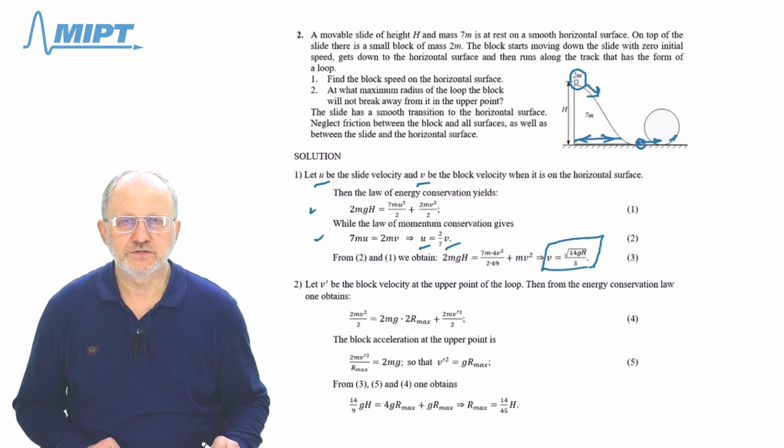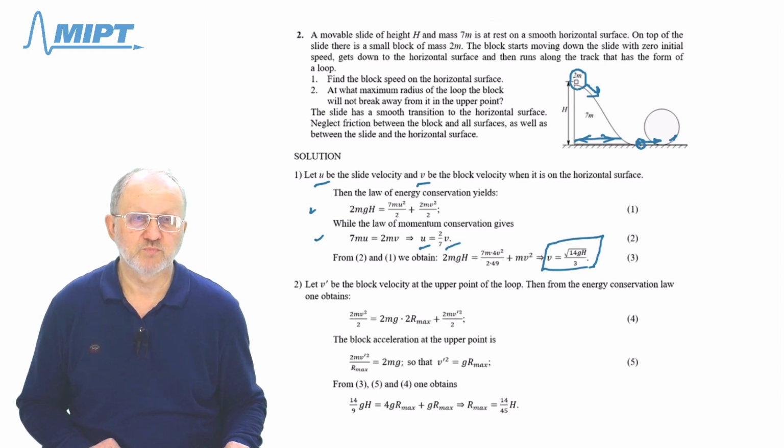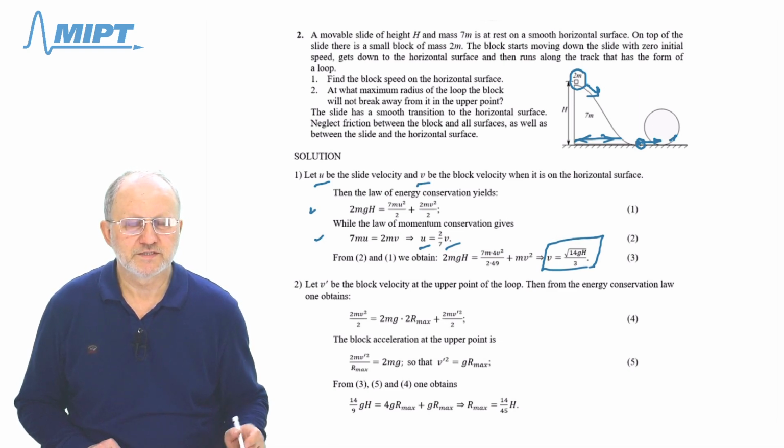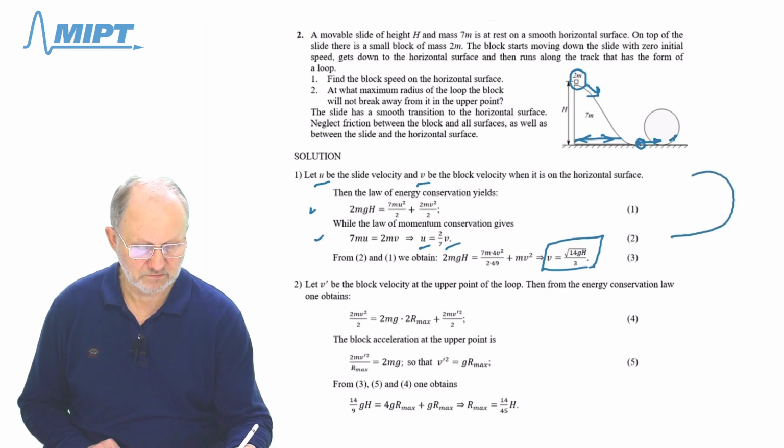Now the second question to this problem reads: at what maximum radius of the loop will the block not break away from it at the upper point? So when the block enters the loop, we must understand that the loop has the form of a spiral, and the block moves here and then along the loop.